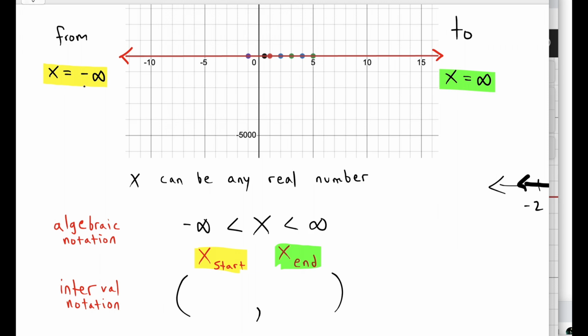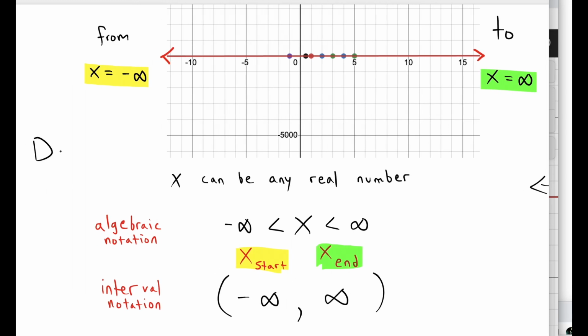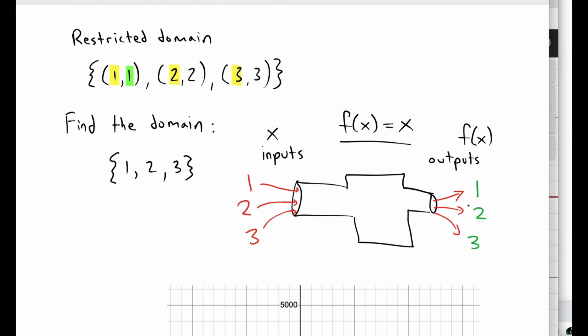So what we put in the parentheses then is negative infinity and infinity. These are all ways to express the domain of f of x equals x. In this case, there is no restriction on the domain like there was up here.